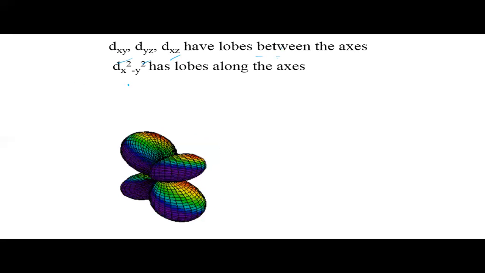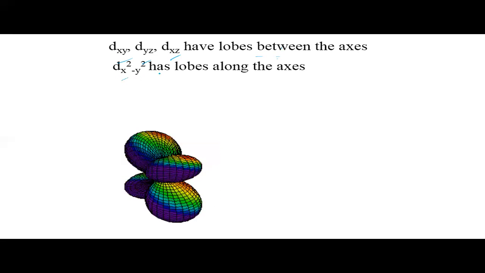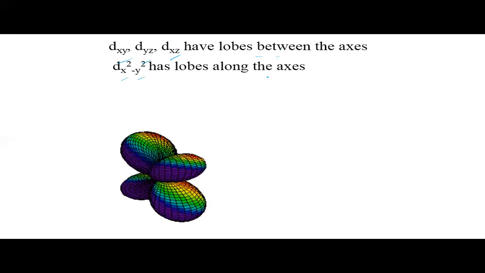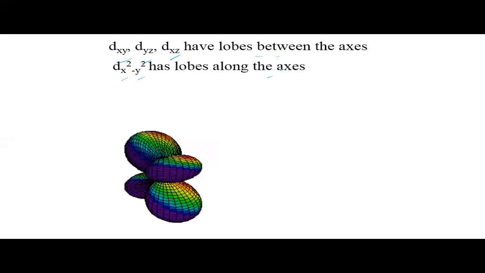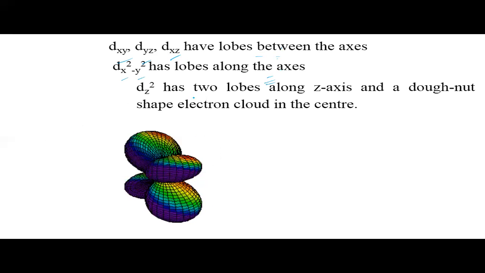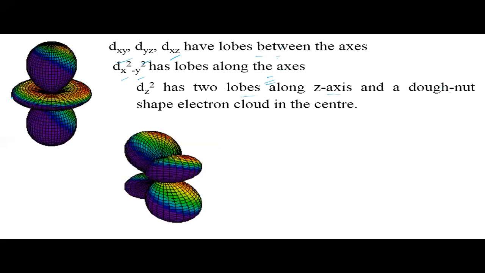Whereas dx² - y² has lobes along the axes. dz² has two lobes along the z-axis and a donut shaped electron cloud in the center, like this. So these are the z-axis in which two lobes are present, and this is a donut shape.